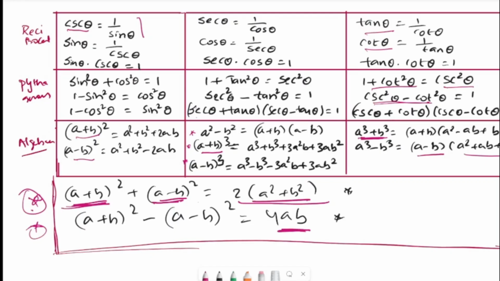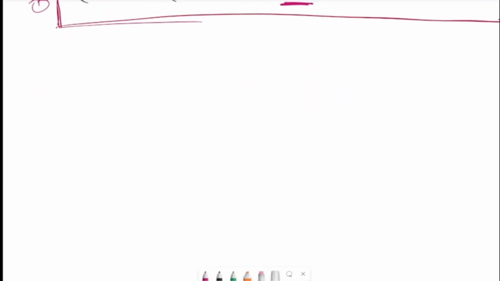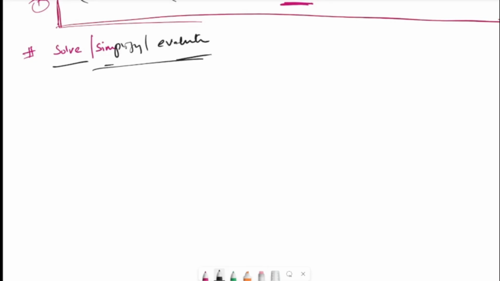Now I'm going to solve a couple of problems in trigonometry. What kind of problems do you expect? One kind is solve it or simplify, evaluate, etc. This is fancy jargon, but ultimately it means simplify.